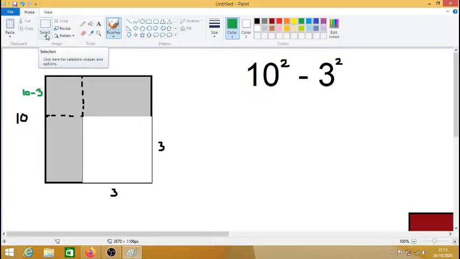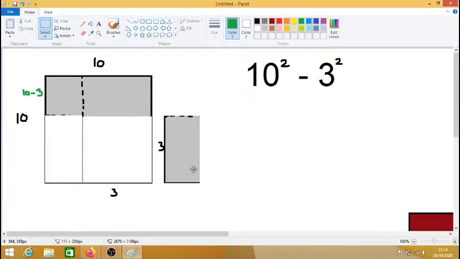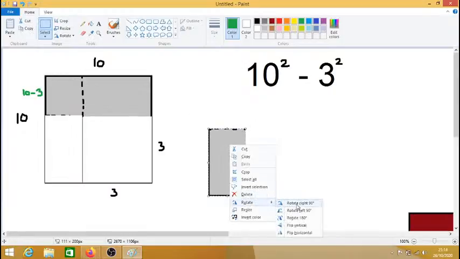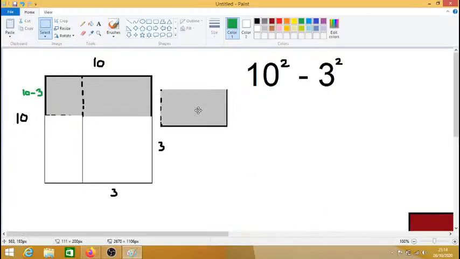Now what we're going to do is see if I can do a bit of rotation. I'm going to take this part which was in grey, move it across, rotate it and place it here.